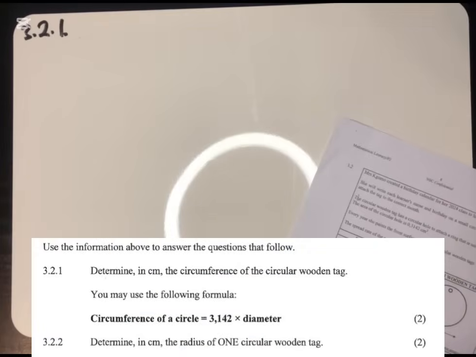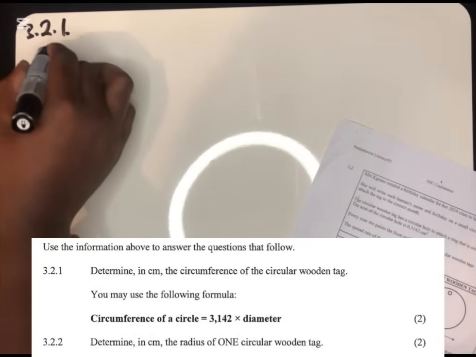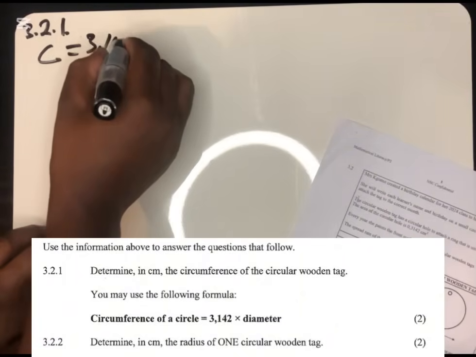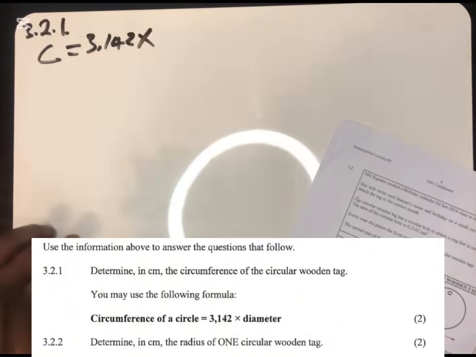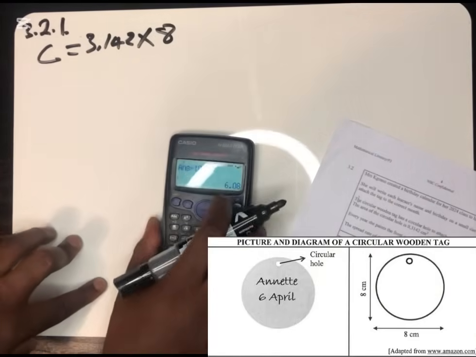Then the first question says to determine in centimeters the circumference of the circular wooden tag. You may use the following equation. So they've given us the equation: the circumference is equal to 3,142 multiplied by the diameter. In this case, the diameter is equal to 8.